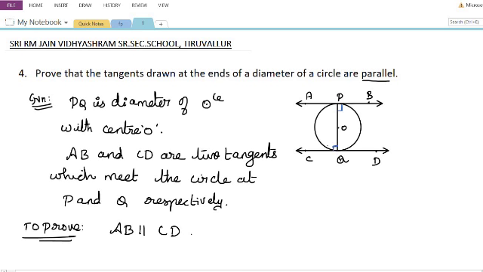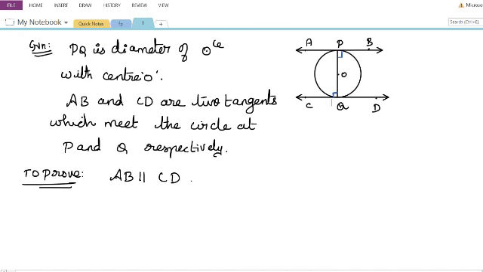You can observe these 2 angles. Angle OPB and angle OQC are alternate angles, right? When the lines are parallel, the alternate angles will be equal. So let us write the proof. From that we can write, since the alternate angles are equal, the 2 lines are parallel.